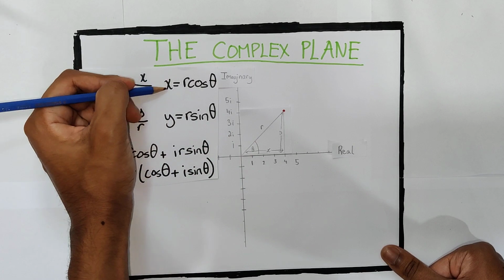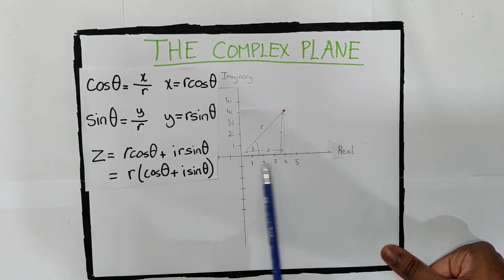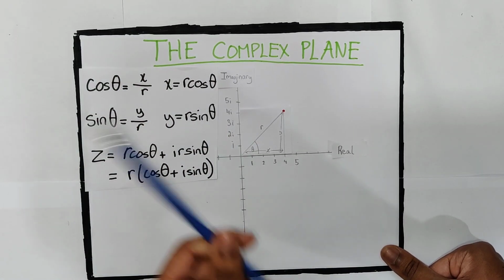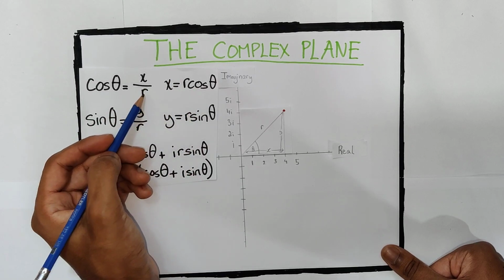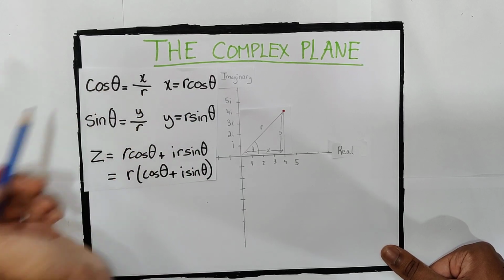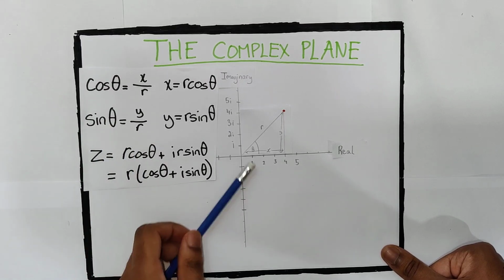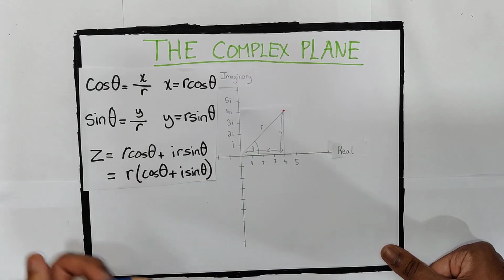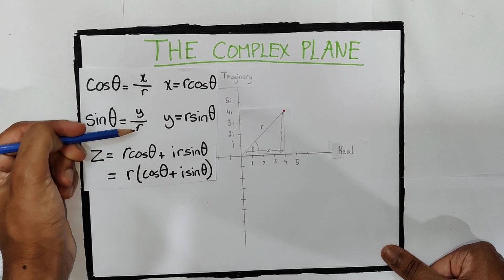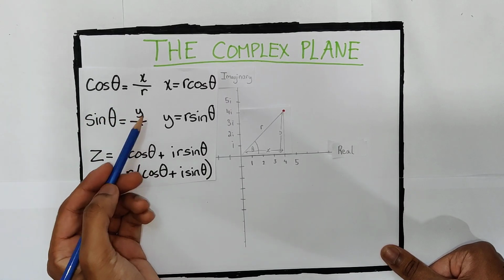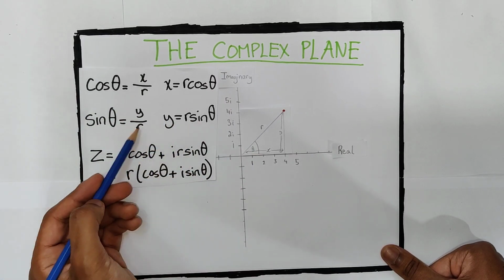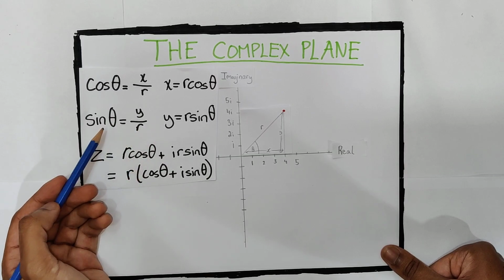So we can say that the distance x, which remember is the real component of the complex number, is equal to r cos theta, just by moving this r across here. Now, if we look at sine theta, which is opposite over hypotenuse, that is equal to y over r. And thus we can define y as r sine theta, similarly by moving r across.